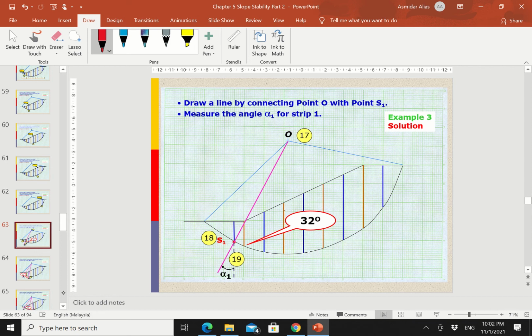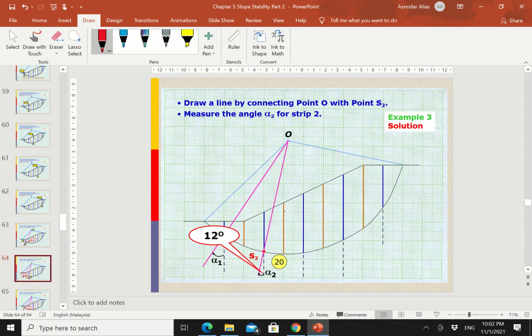So from the position for each slice that has been shown, you need to draw the pink line, which is from the centroid and passes through the line that you have drawn before. Then from the center to the pink line, that will be the value for alpha. You need to do this for every position of your slice.